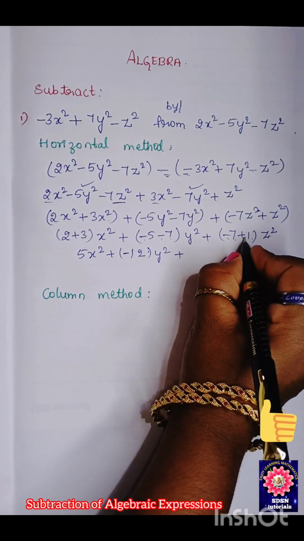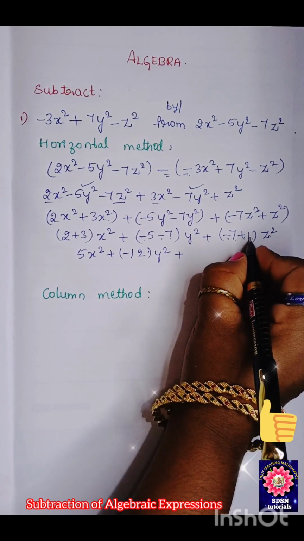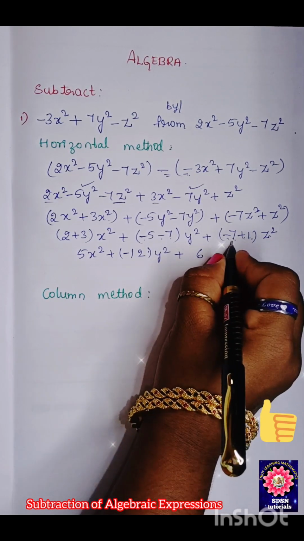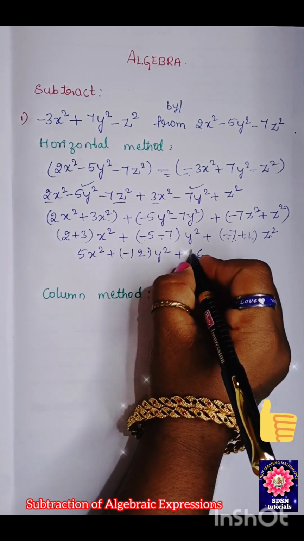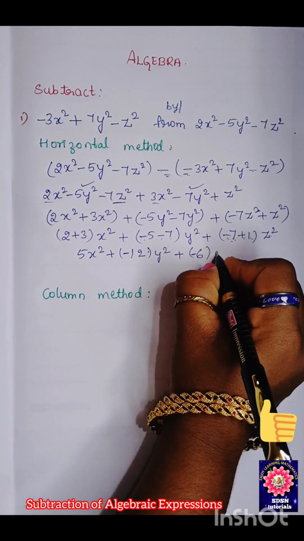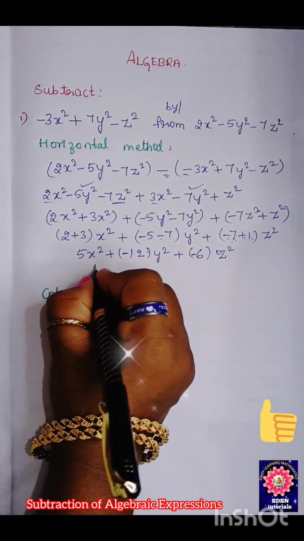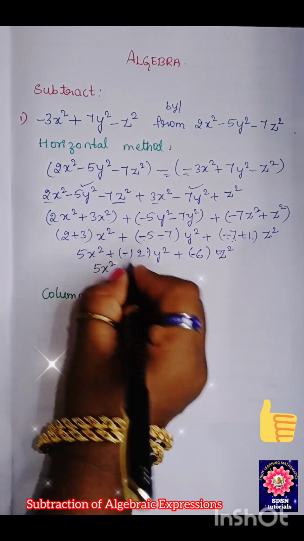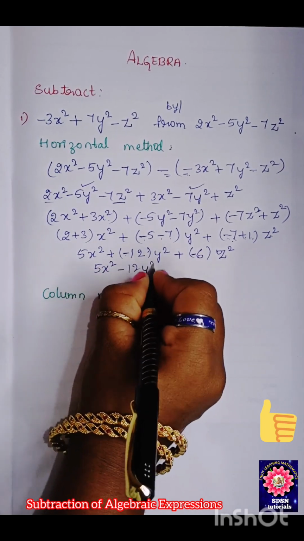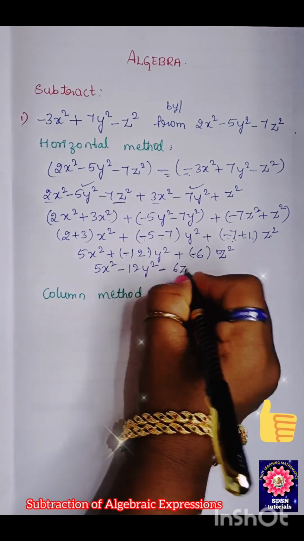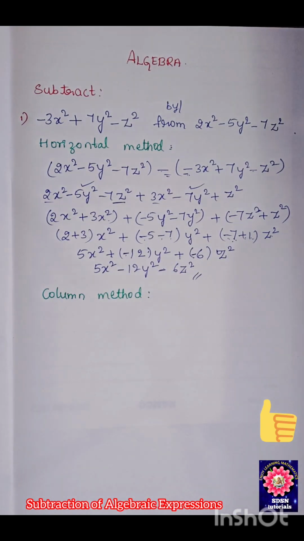We have to subtract the numbers. 7 minus 1 is 6. Greater number is 7. Sign of 7 is minus. So minus 6z square. 5x square plus into minus is minus 12y square plus into minus is minus 6z square. Here is your horizontal method.